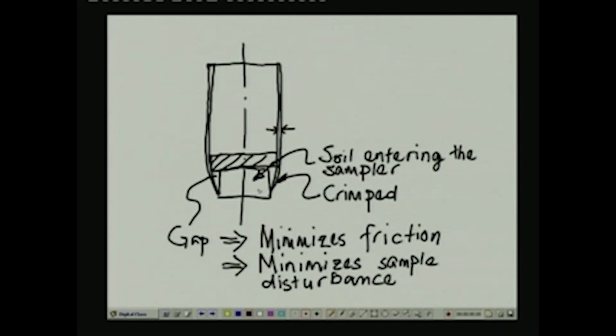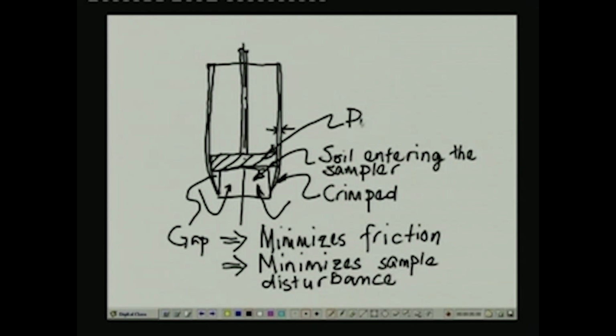on top of the soil sample, and this particular piston prevents the soil from outside the cross section of the sampler from getting inside the sampler during the insertion process, and that minimizes the disturbance more.